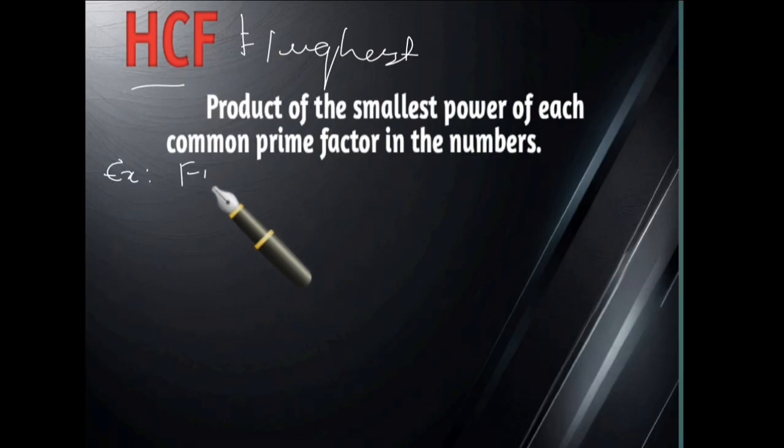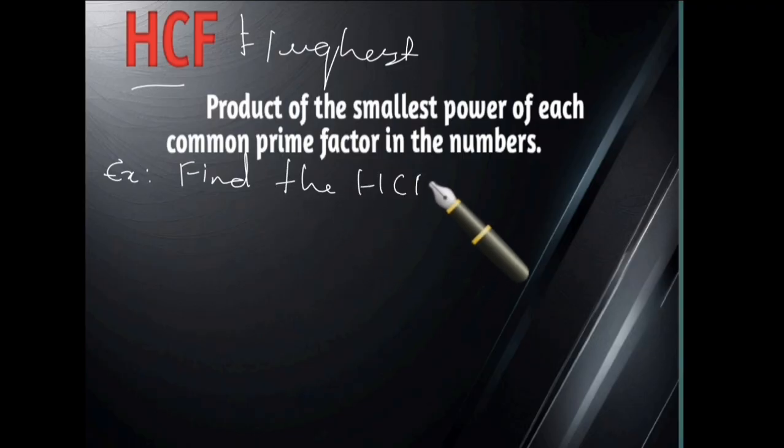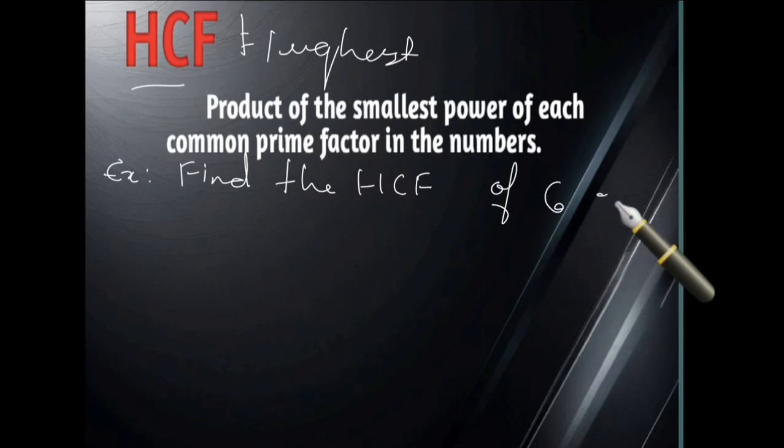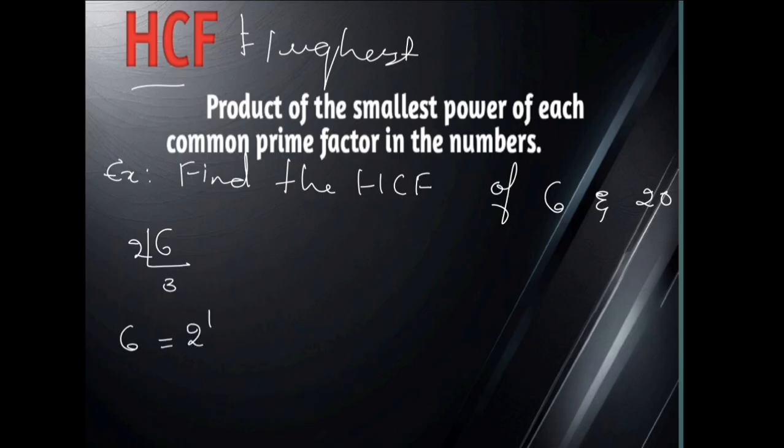Example: find the HCF of 6 and 20. Here I am factorizing the number 6. 2 3s are 6. We can write 6 as 2 power 1 into 3 power 1.